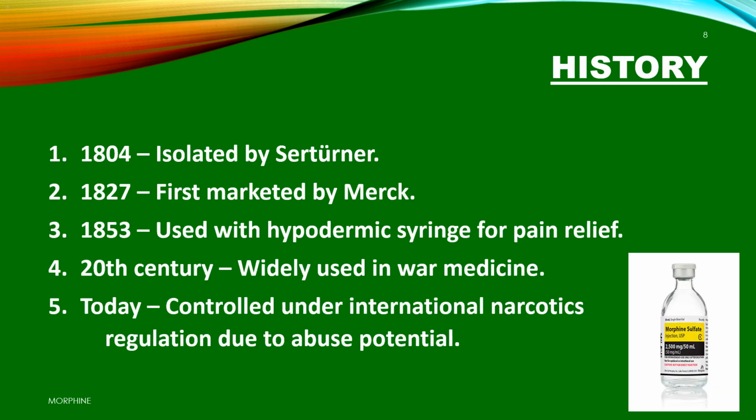History of morphine. 1. 1804: Morphine was isolated by Friedrich Serturner, a German pharmacist, marking a significant milestone in the understanding of the substance. 2. 1827: Morphine was first marketed by Merck, making it more widely available for medical use. 3. 1853: Morphine began being used with hypodermic syringes for pain relief, allowing for more direct and effective administration. 4. 20th century: Morphine saw widespread use in war medicine, particularly for treating wounded soldiers, highlighting its importance in emergency care. 5.